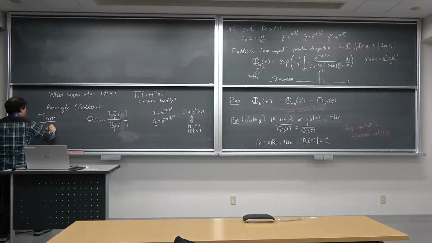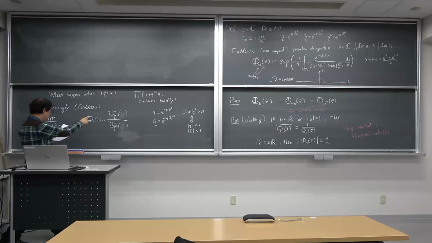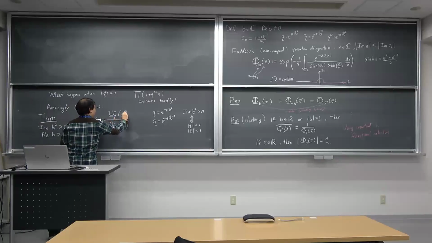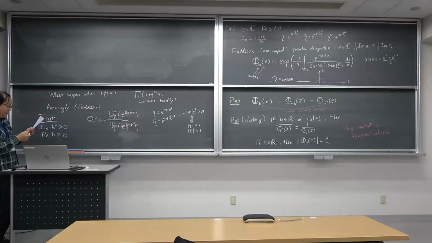So if b squared is bigger than 0 and the real part of b is bigger than 0, then I have this formula, but I have to change the argument. It should be the exponential of that. Sorry. Yeah, so that's the correct thing.